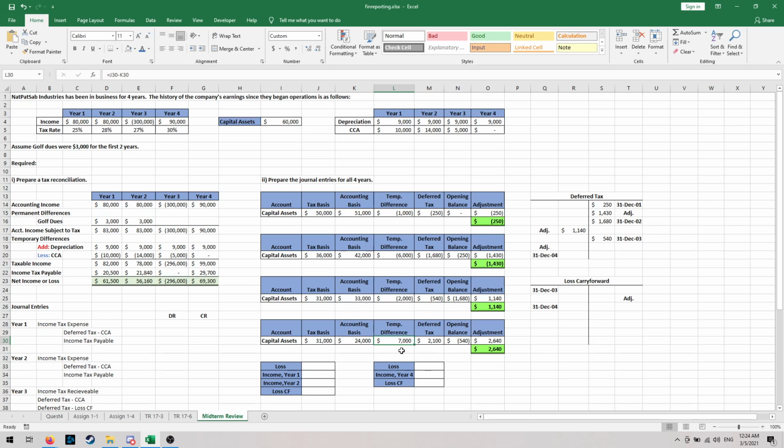We've prepaid these taxes, and we've prepaid taxes on $7,000 of income at 30%, or in this case, $2,100. So now our ending balance is a positive number, or an asset, or a debit balance in a deferred tax account. We have $2,100 in a deferred tax account, or $2,100 of taxes we won't have to pay at some point in the future.